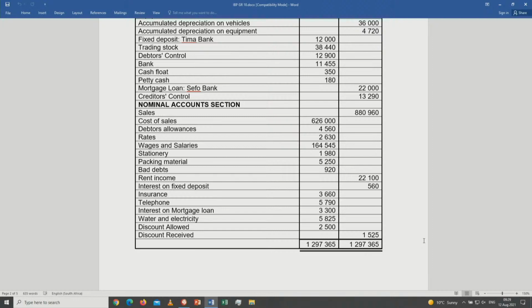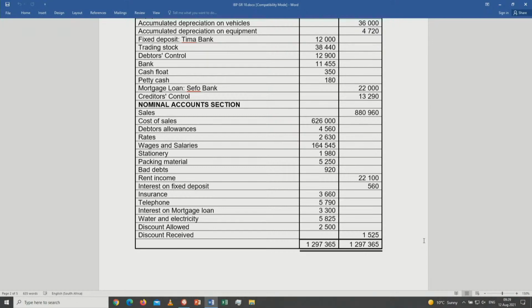Within our nominal section accounts, we'll get the expenses that are on the debit side, and then incomes that are on the credit side. For starters, let's look at our nominal section accounts.